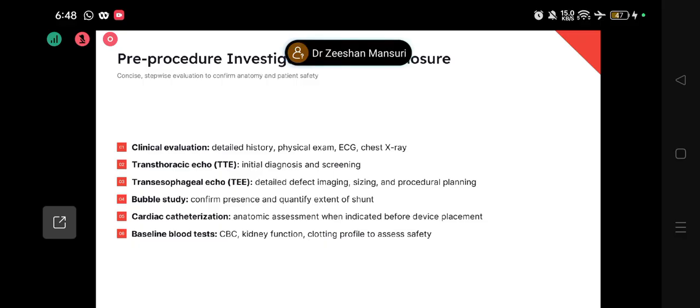But whenever you are performing a bubble study or a contrast study, it is usually done to ascertain the presence or absence of patent foramen ovale or a PFO. And it is done in patients with paradoxical embolism or cerebrovascular accidents. Hence, whenever you are doing a bubble study, remember one thing.